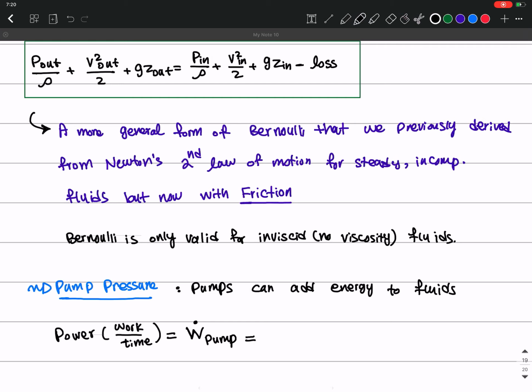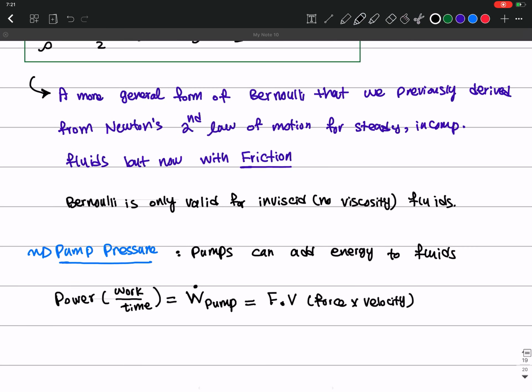And you know from, again, thermodynamics that power equals force times velocity, or F dot V, right?